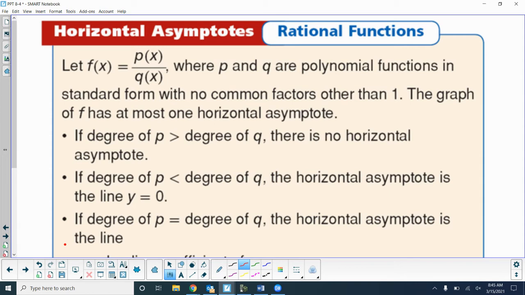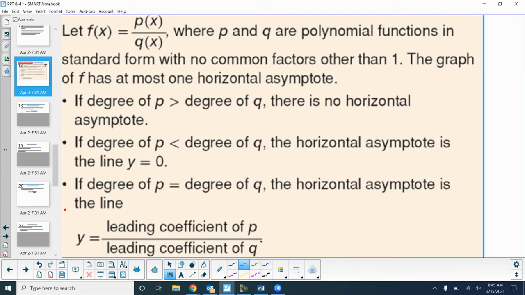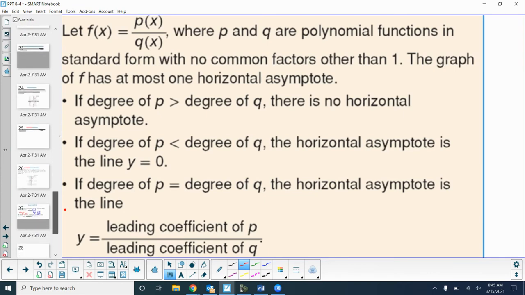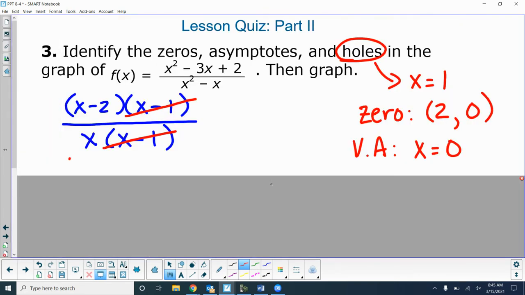So they're equal. The horizontal asymptote is the line y equals leading coefficient of P divided by leading coefficient of Q. What's the leading coefficient here? So what's 1 divided by 1? 1.